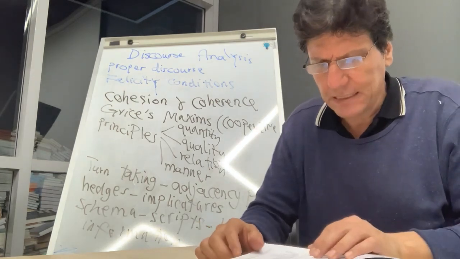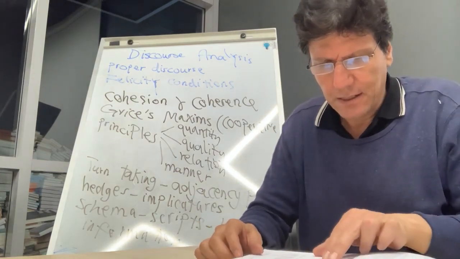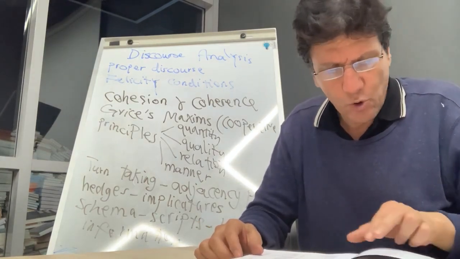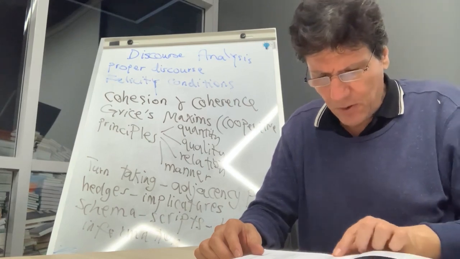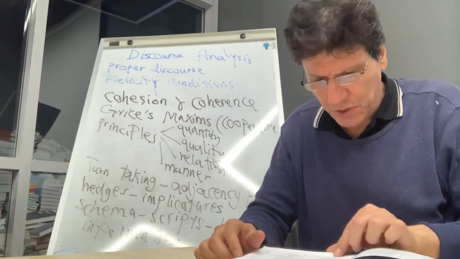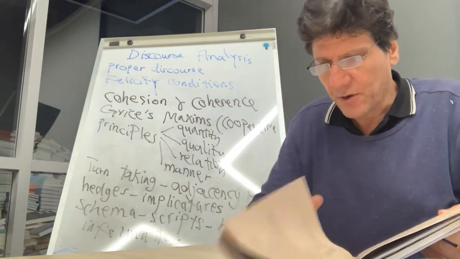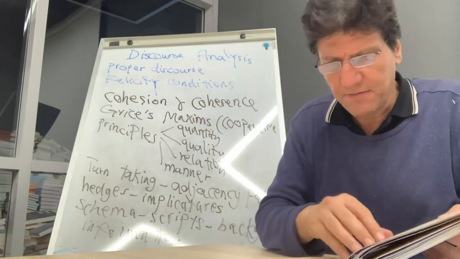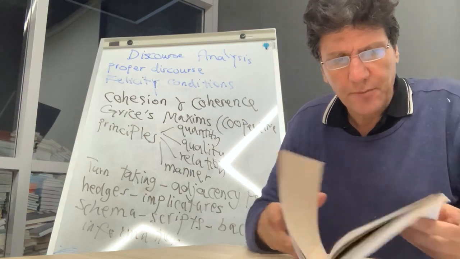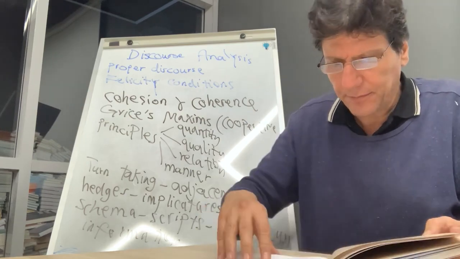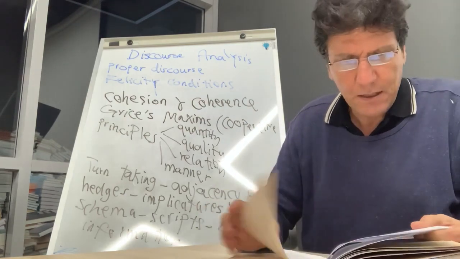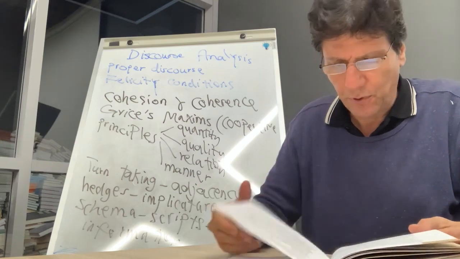Let me have a look at the idea in here. I think in your book the cooperative principles are on page 174. You can see all the information on cooperative principles.